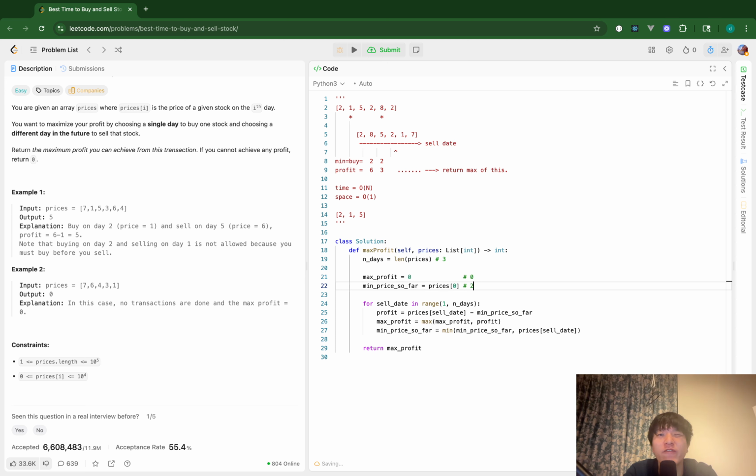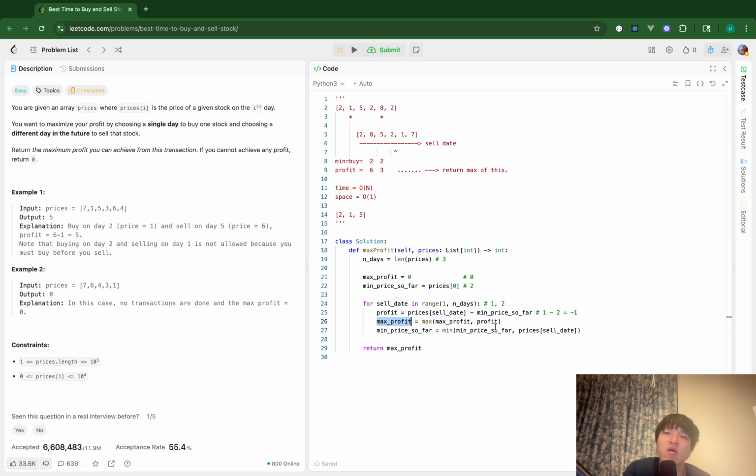Okay, and for sell date, I iterate from 1 and then 2. Yeah, and when sell date is 1, prices 1 is 1. So this should be 1 minus min price so far, which is 2, so this should be negative 1.